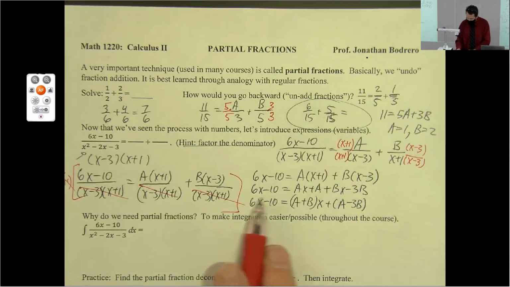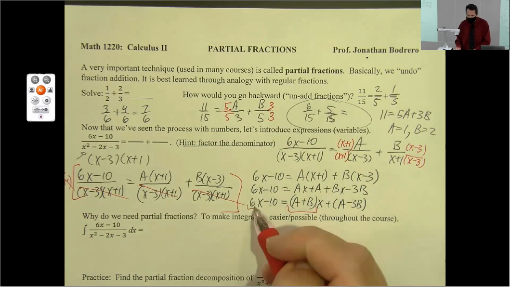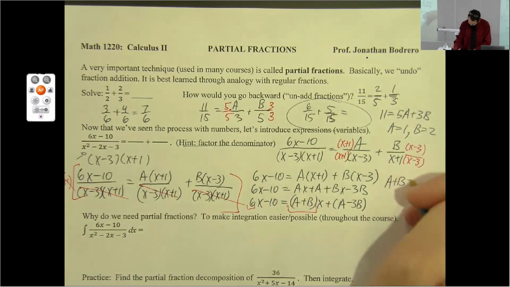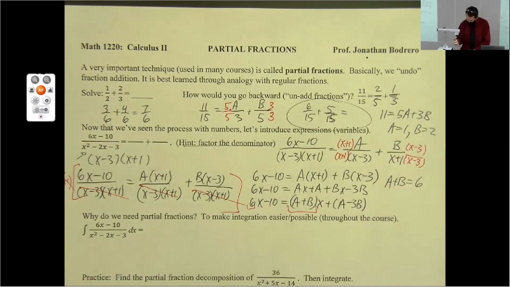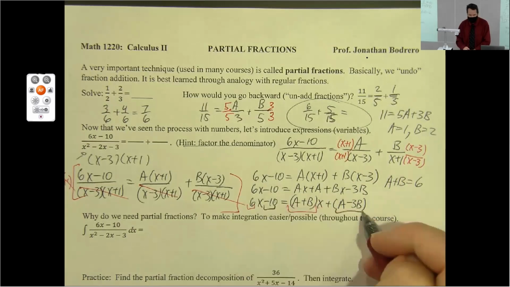If 6x minus 10 is equal to this right-hand side, then the coefficient of the x here has to be the same as the coefficient of the x there. So literally, a plus b is equal to 6, and the constant term has to be the same as the constant term.